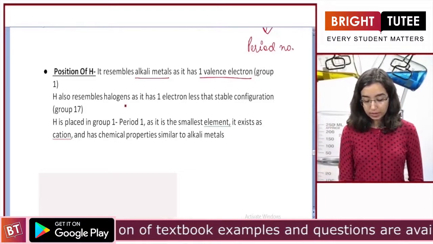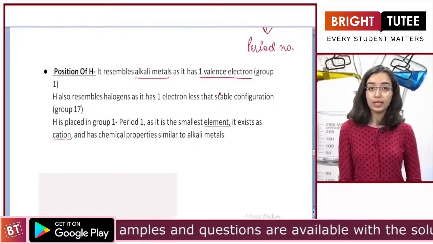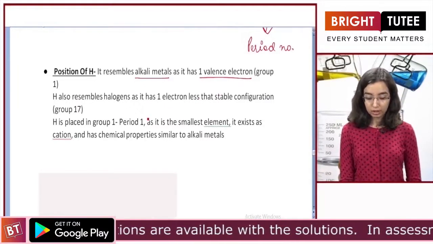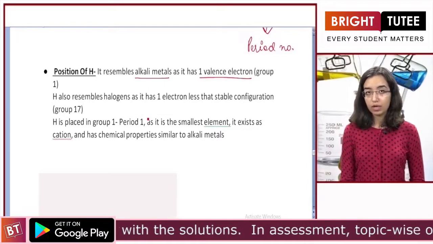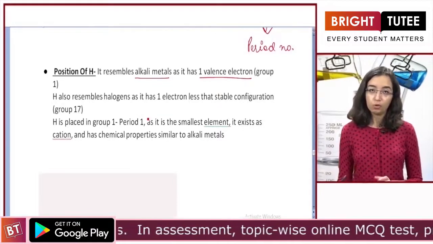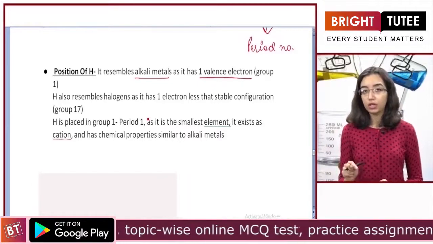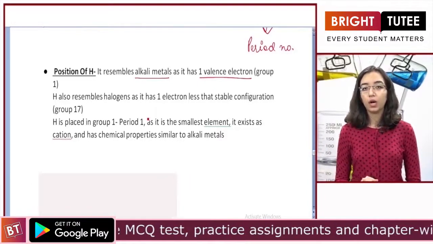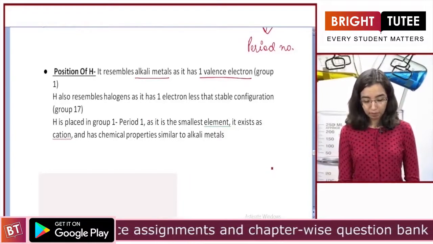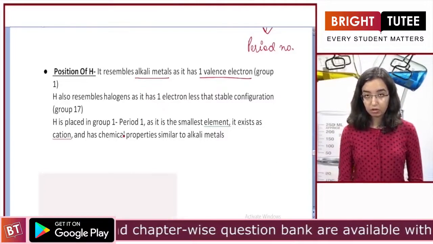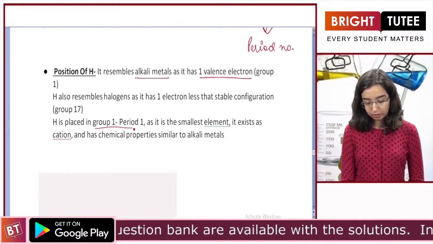But it also resembles halogens as it has one electron less than the stable configuration. So it needs 2 electrons, and if it takes one more, then it will get a stable configuration, which is also true for halogens because they have 7 electrons in the outermost shell and they need one more to get a stable octet. But hydrogen, after a lot of review, was placed in group 1, period 1.